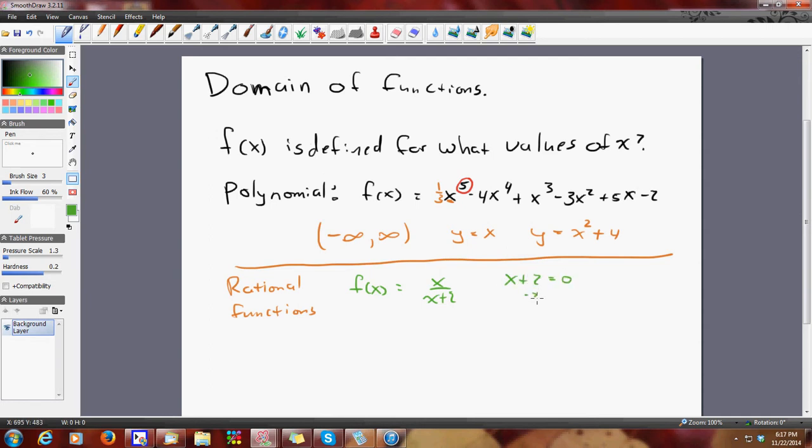And I subtract, x equals -2, which means when x equals -2, this function will not be defined. It will be -2 over 0. So the domain is -infinity to -2 or -2 to infinity. Another way to write it is -infinity to infinity if x does not equal -2. And that's also perfectly legal.